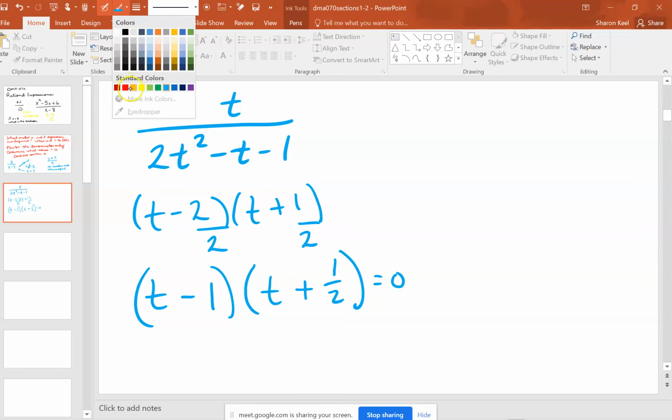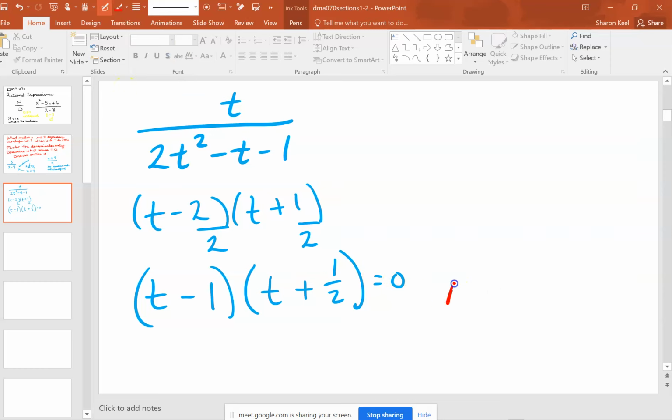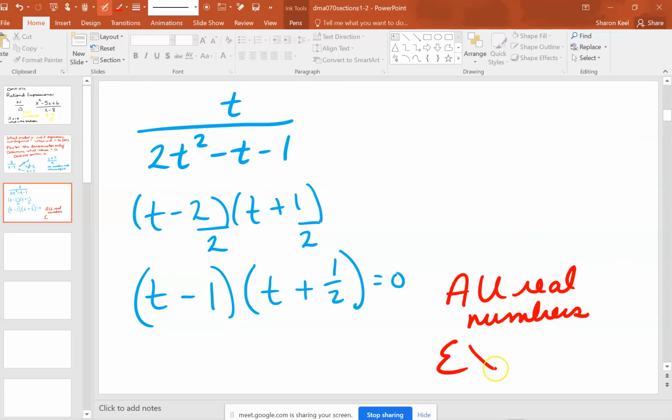So my answer is going to be all real numbers except, and what would make it equal to 0? Here, what would make it a 0 would be a positive 1. Here, what would make it be equal to 0 would be the opposite sign, which is a negative 1/2.